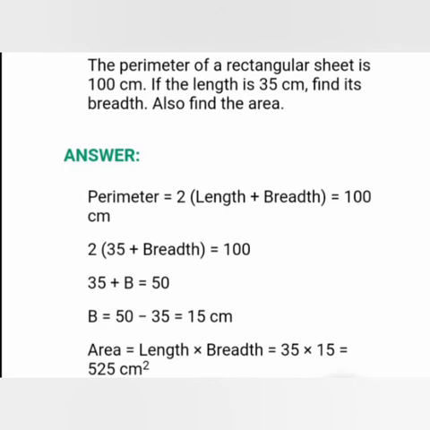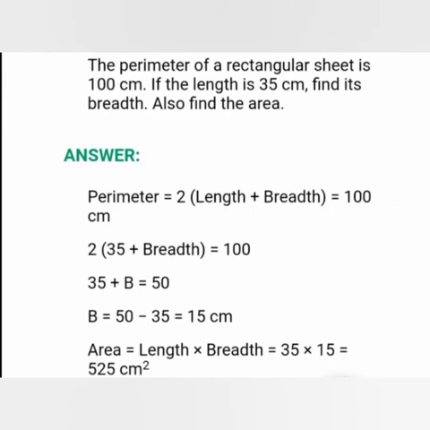So 2 times (35 plus breadth) is equal to 100, and when we divide 100 by 2 we get 50. So 35 plus b is equal to 50, and b will be, when we transpose 35 to the right hand side, 50 minus 35, that is 15 centimeter.